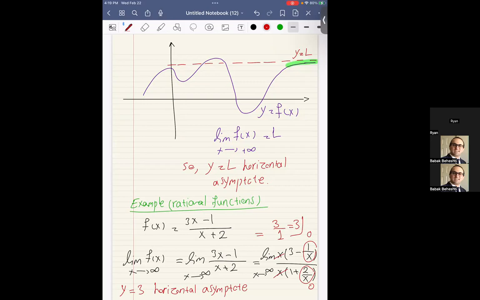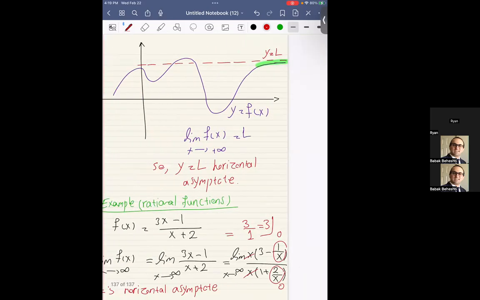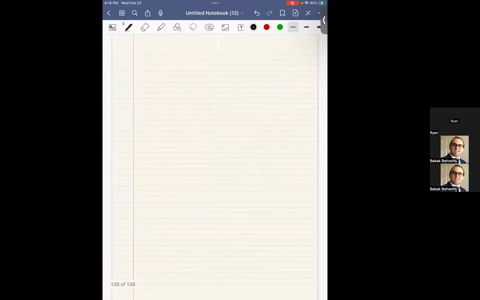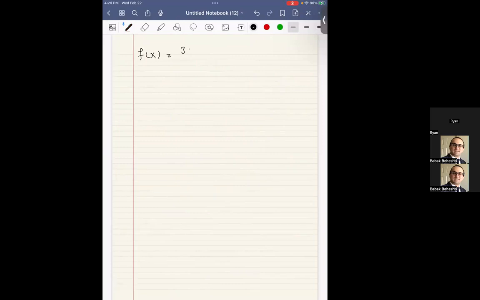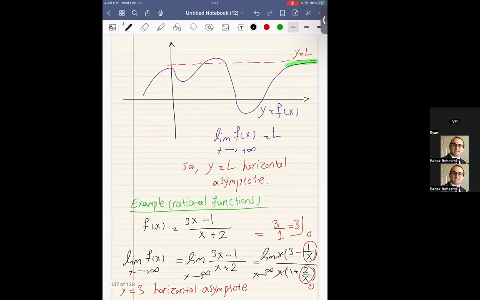It's good to draw the graph of this also. So what is the function? We have f of x equal to 3x minus 1 over x plus 2.